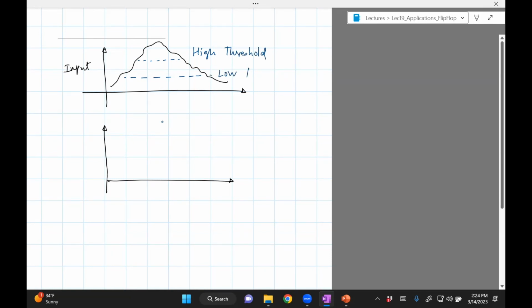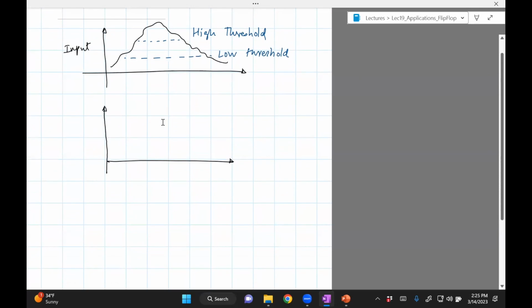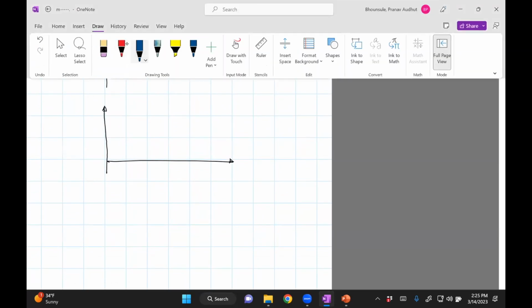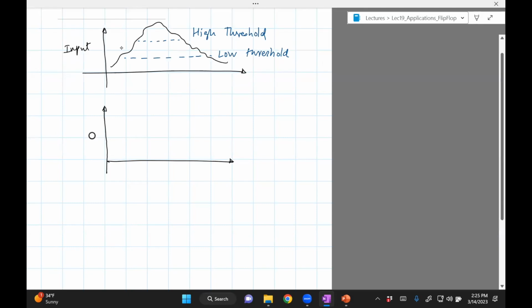Remember that this is the input to the Schmitt trigger. So what the Schmitt trigger does is when there's an increasing voltage signal like this, it uses the high threshold to turn on.